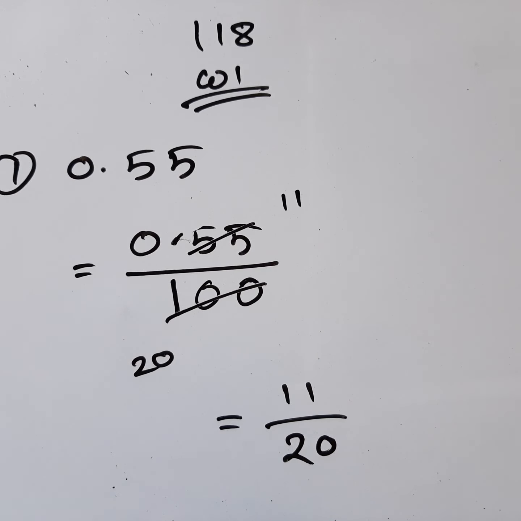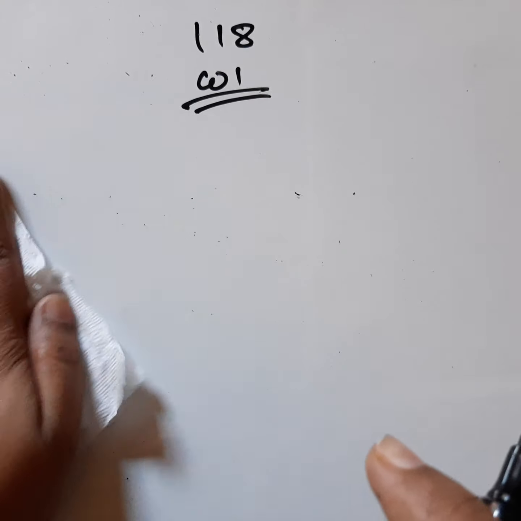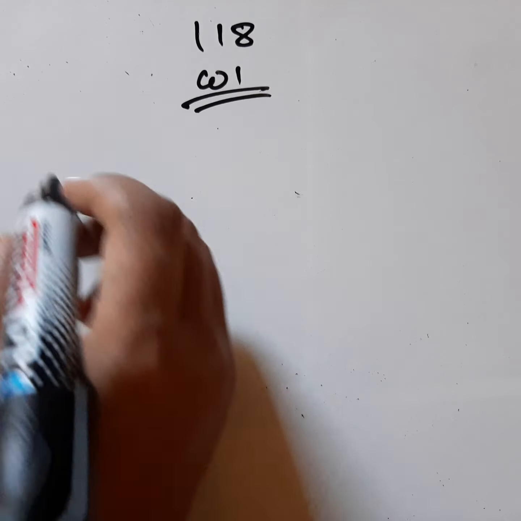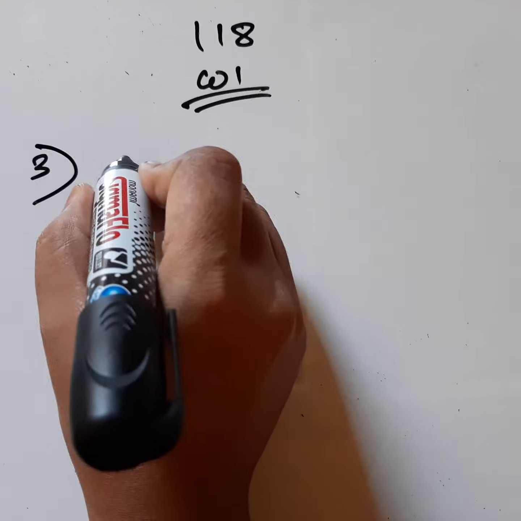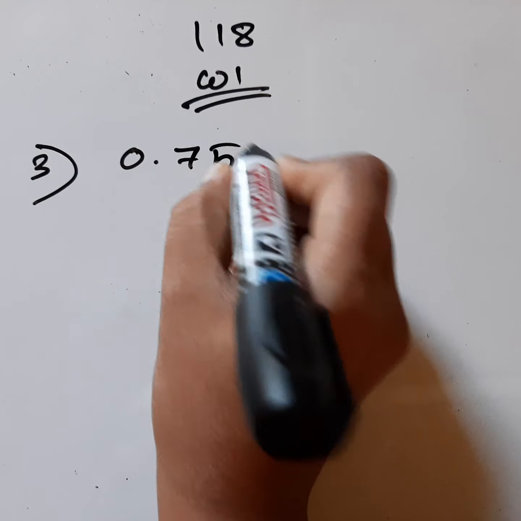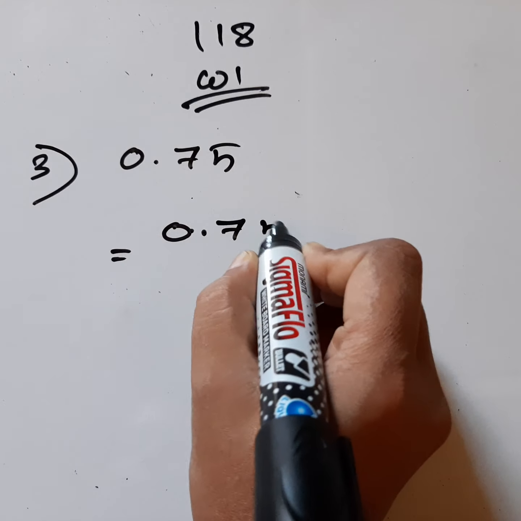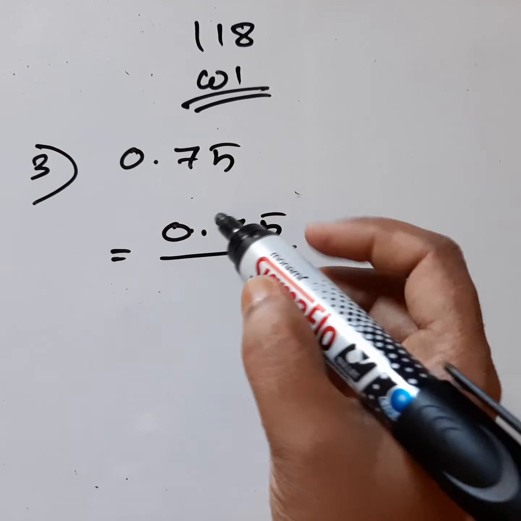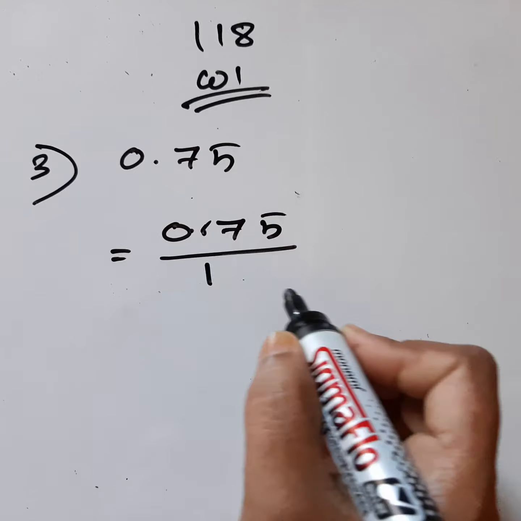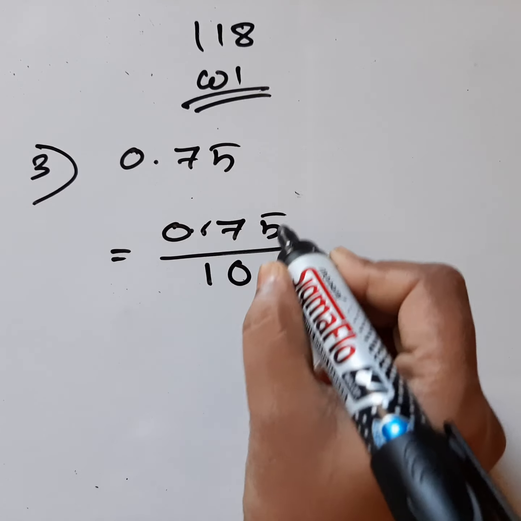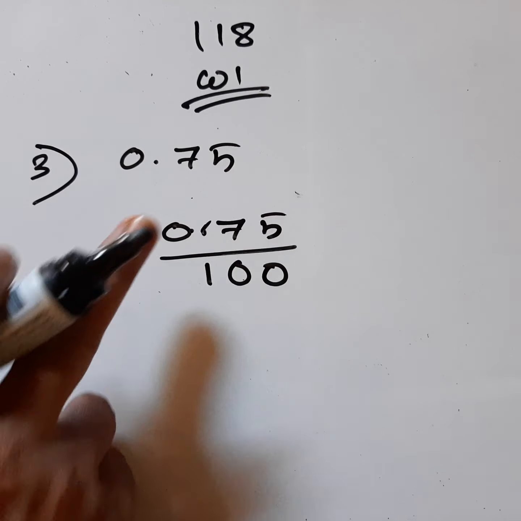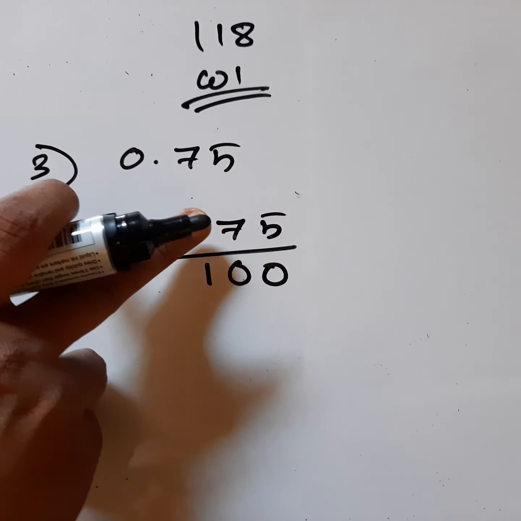This is how you are going to do math. I'm going to show you another one, number 3. I'm not going to show all of them, by the way. I just need to make the video shorter so that you don't get bored. Again, cutting the decimal and putting 1, and for 7 a zero, for 5 a zero. Now you can see it is 75 by 100.